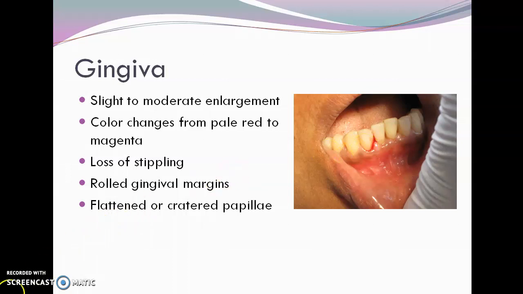Usually aggressive periodontitis occurs below the age of 35 years, whereas chronic periodontitis usually occurs above age 35.